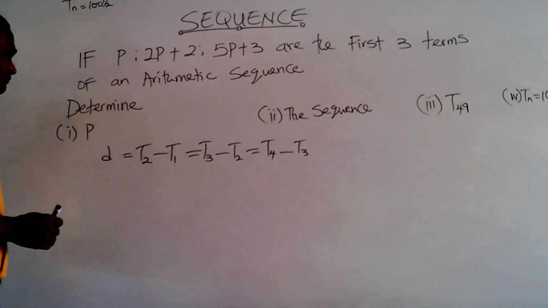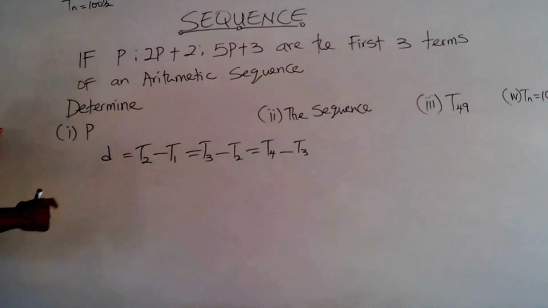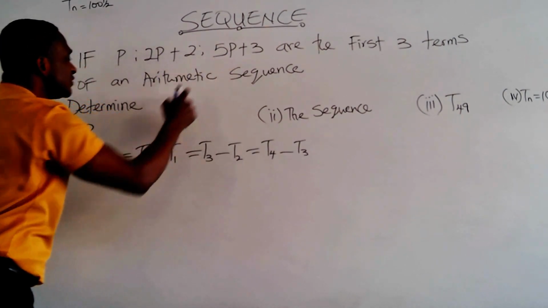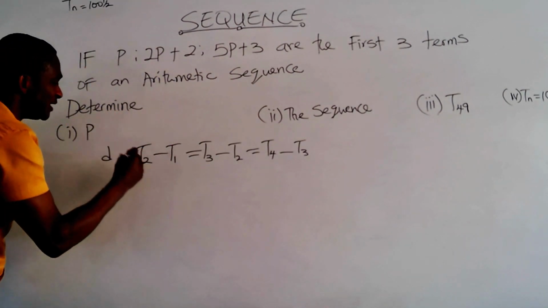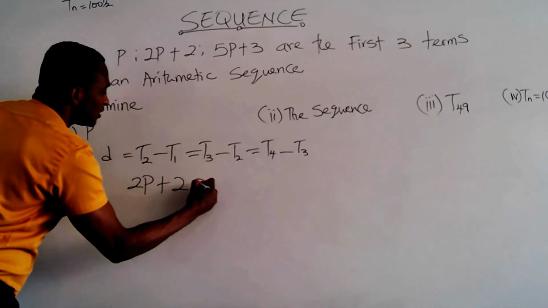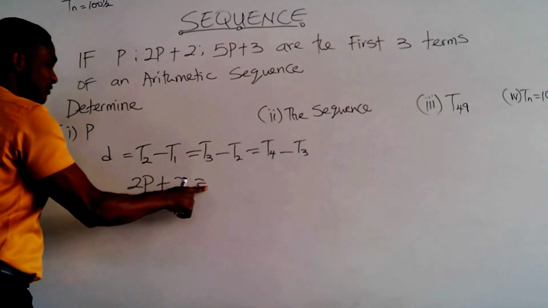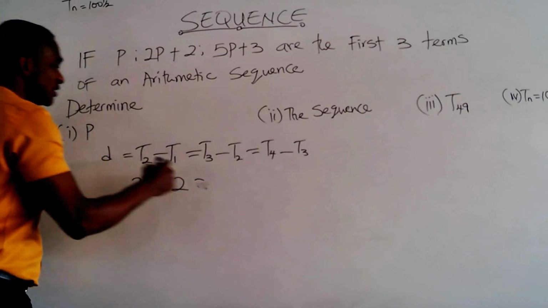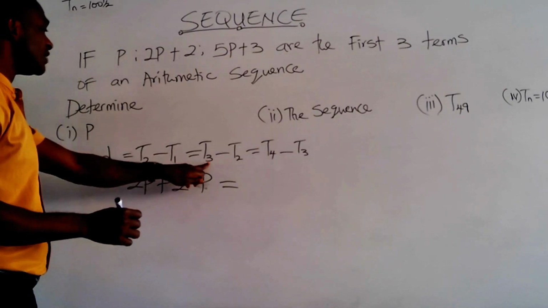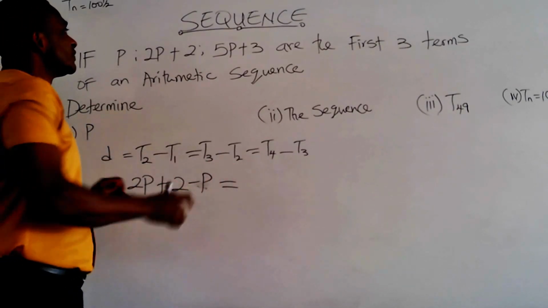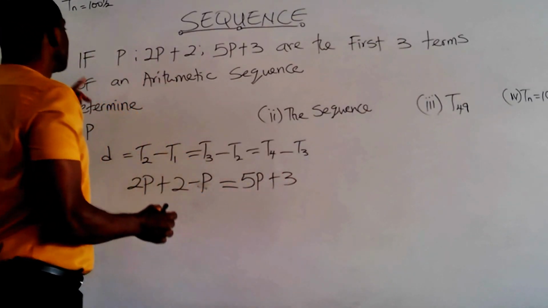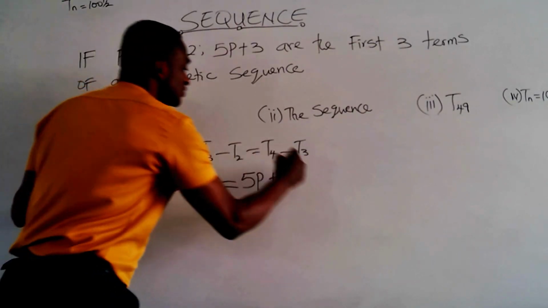So let's go through this. We are given term 1, term 2, and term 3. Term 2 minus term 1, which is 2p plus 2 minus p, must be equivalent to term 3 minus term 2, which is 5p plus 3 minus (2p plus 2).